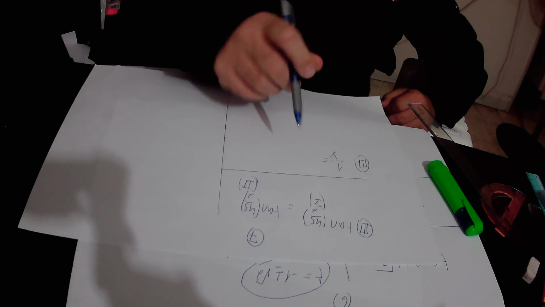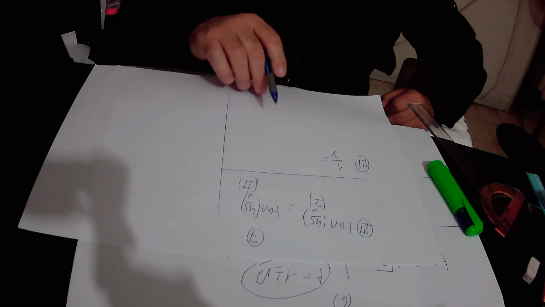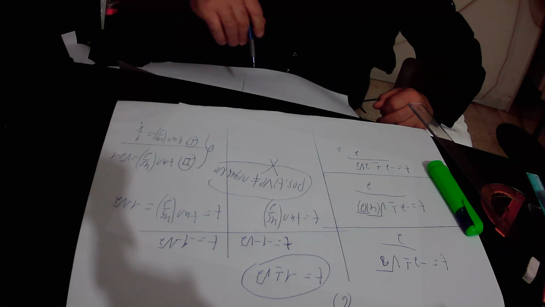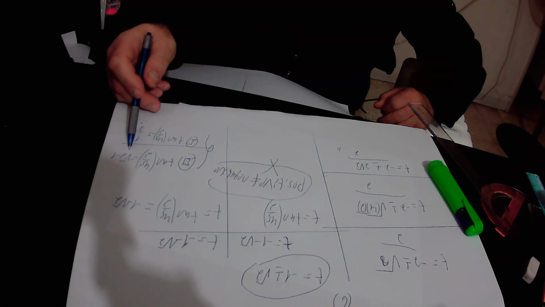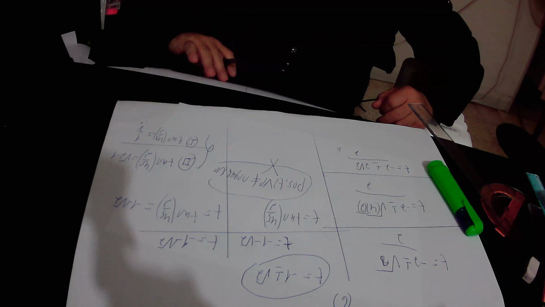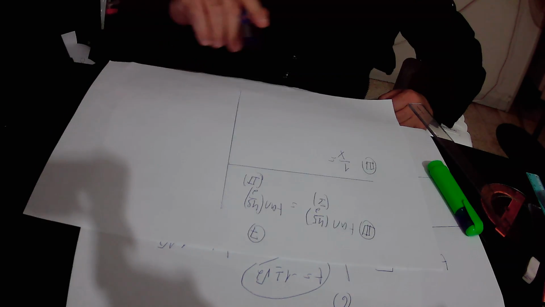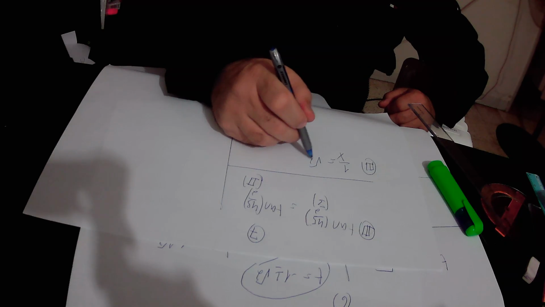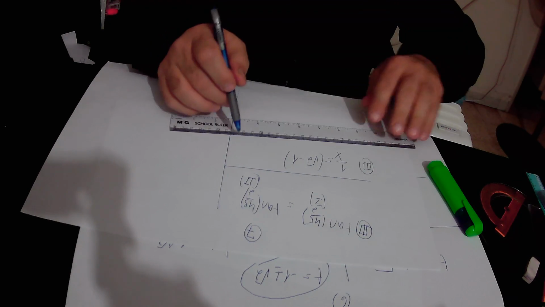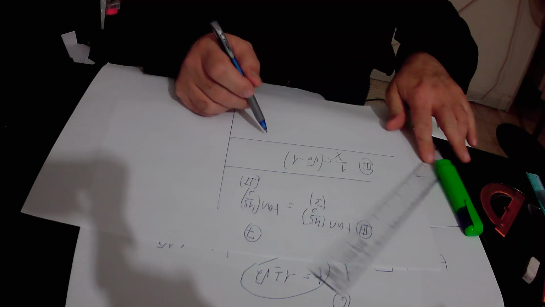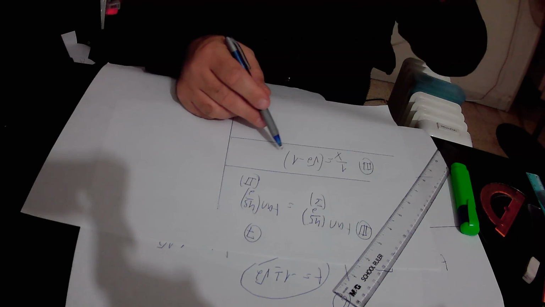And it must be equal to tangent 45 over 2 degrees according to equation number 2, which equals the square root of 2 minus 1. So we found out that according to equation number 3, 1 over x equals the square root of 2 minus 1.